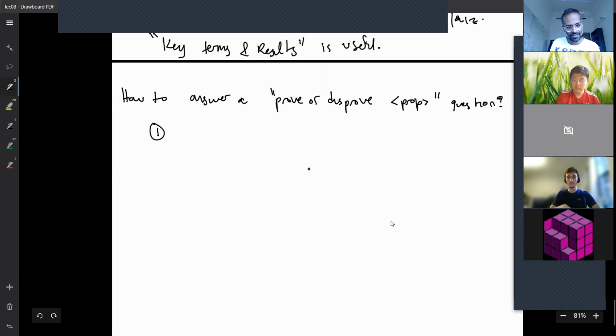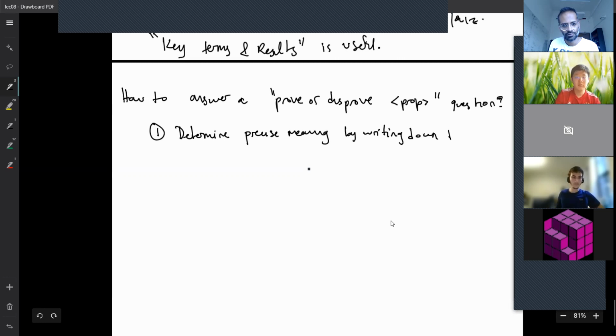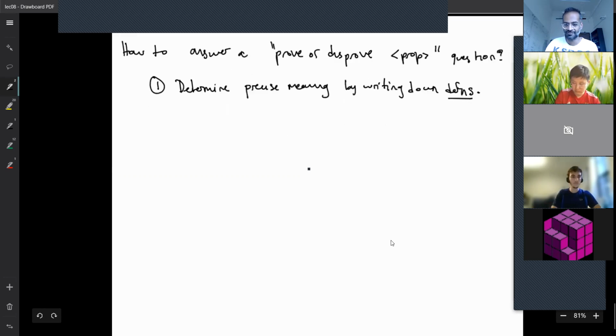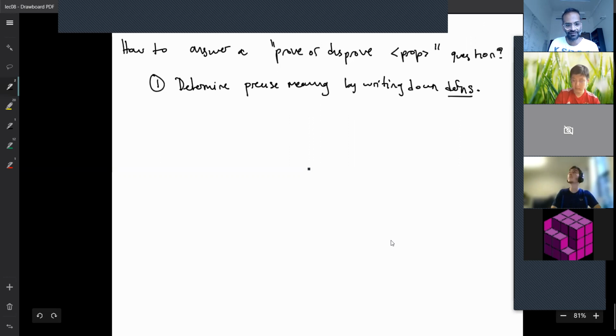Here are the steps. One, determine the precise meaning of the proposition by writing down all the relevant definitions. Definitions are your entry point into the mathematical world. Without the definitions, you can't even know the meaning of what you're trying to prove.